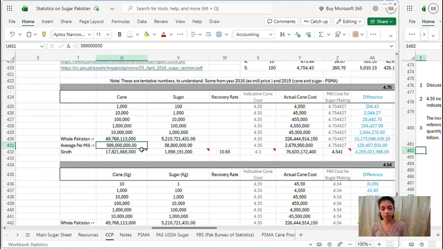So 589 million kgs of cane produce 58.9 million kgs of sugar.